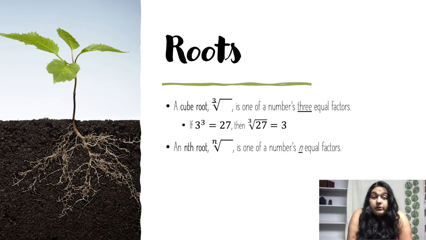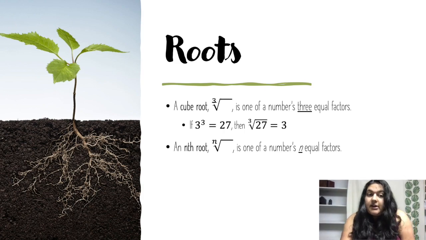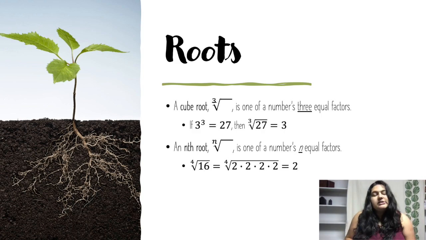An nth root, n meaning any number, is one of a number's n equal factors. So if there's a 5 over here, then there are 5 equal factors. If there's a 6 over here, then there are 6 equal factors, and so on and so forth.